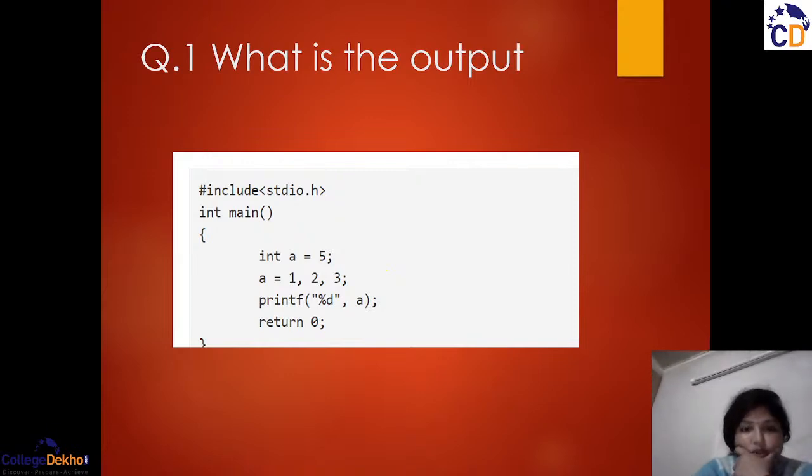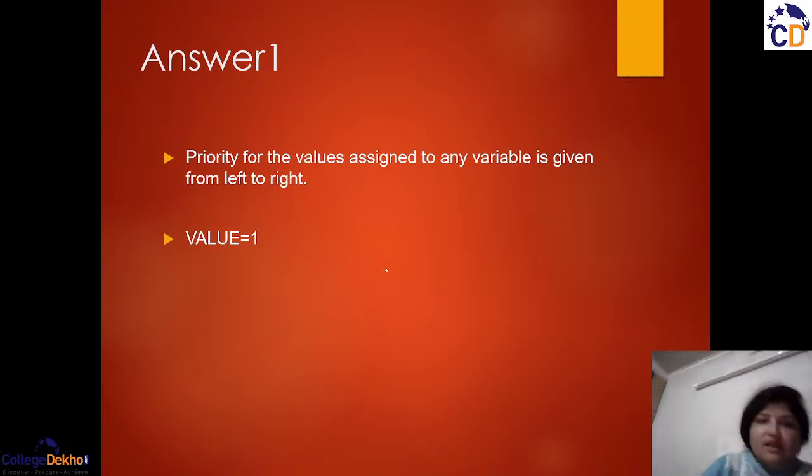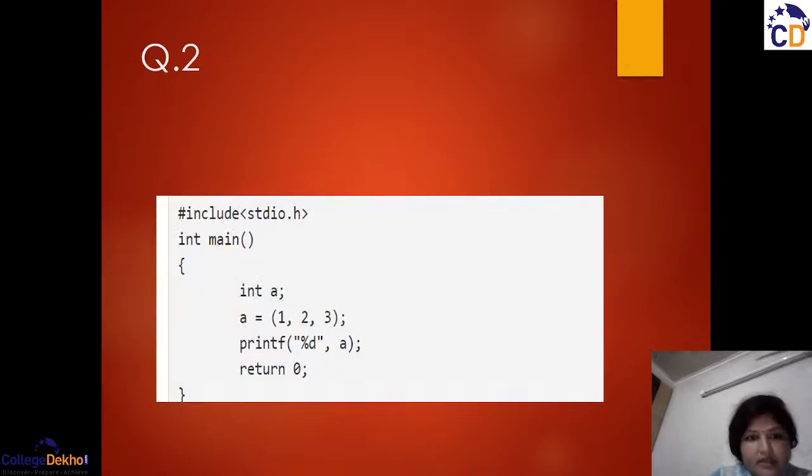That means the first value assigned to the variable a is 1. So 1 will be printed. What is the reason behind that? The priority for the values assigned to any variable is given from left to right, right?